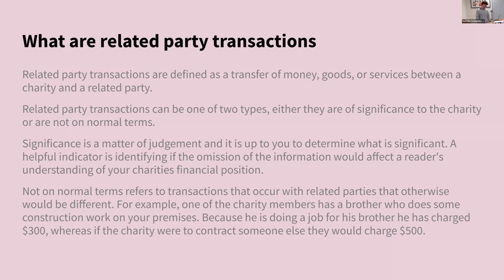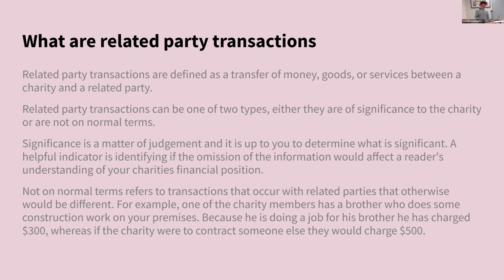Secondly, not on normal terms. This refers to transactions that occur with related parties that otherwise would be different. So an example here is, let's say you have a member and his brother is a builder, and you need some work done on your premises.